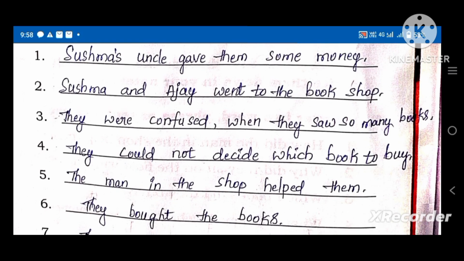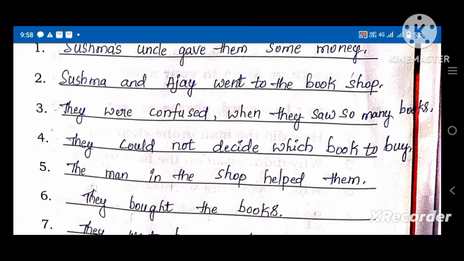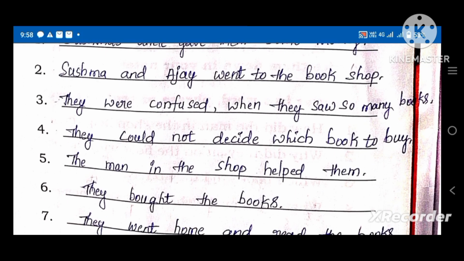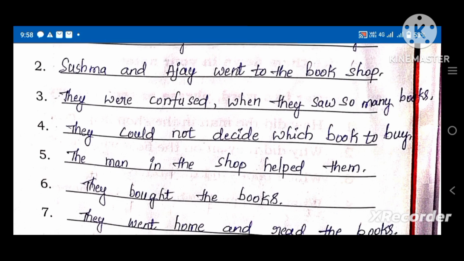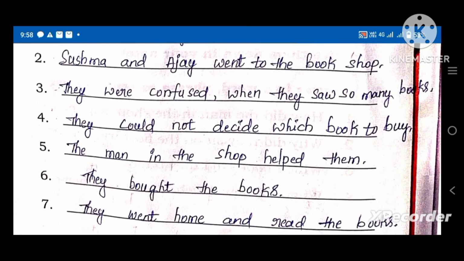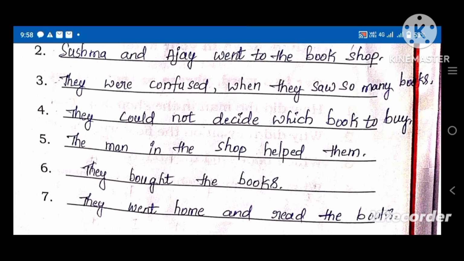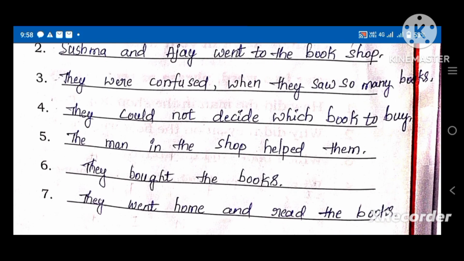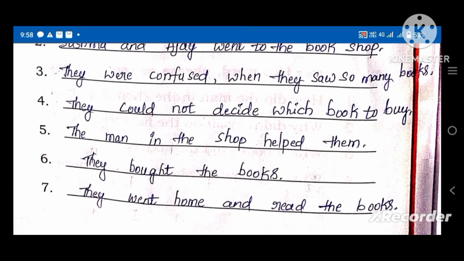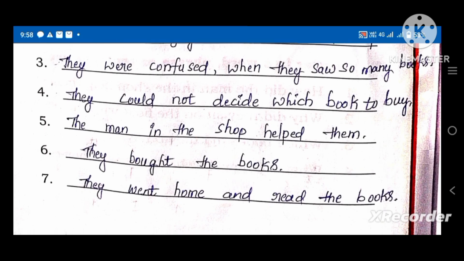Sixth one, they bought the books. Seventh one, they went home and read the books.